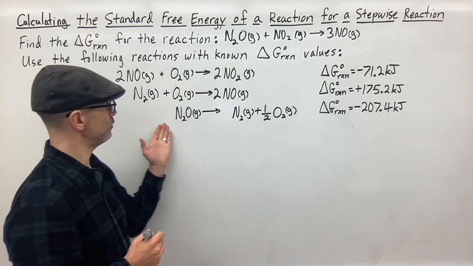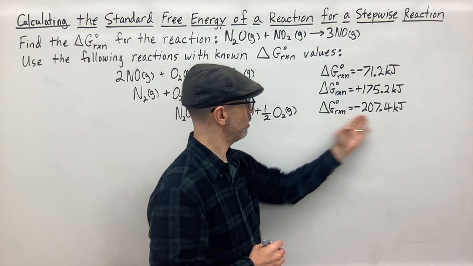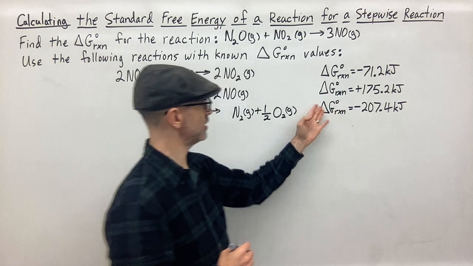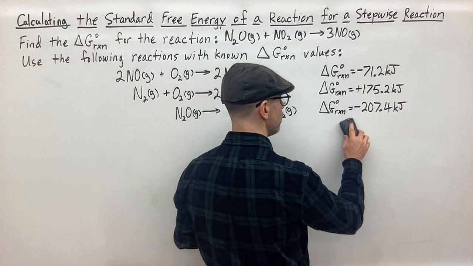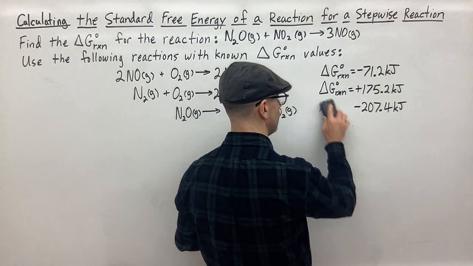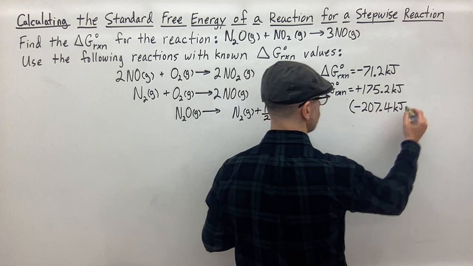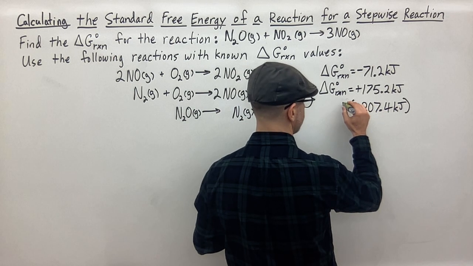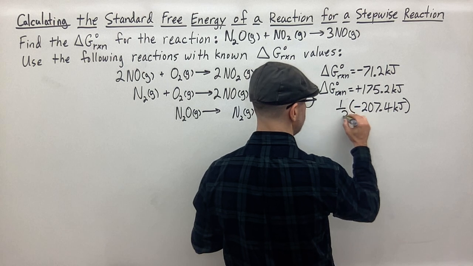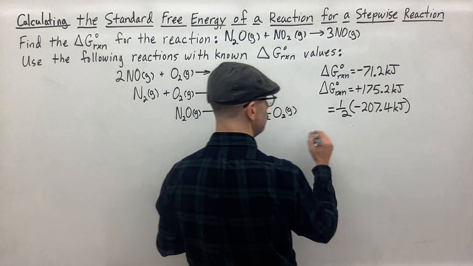Now, if I divide the equation by 2, then I must divide my delta G, my standard free energy change of the reaction, by 2 as well. So basically, I'm going to multiply that by 1/2, same thing as dividing by 2.